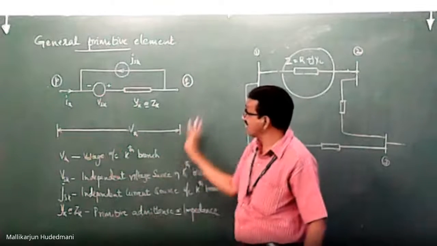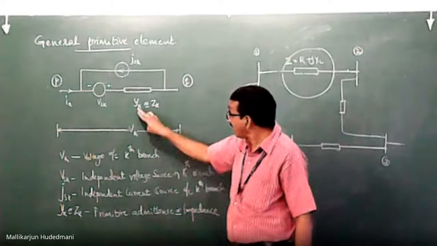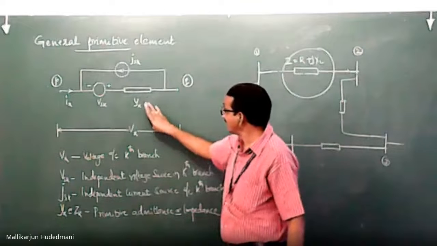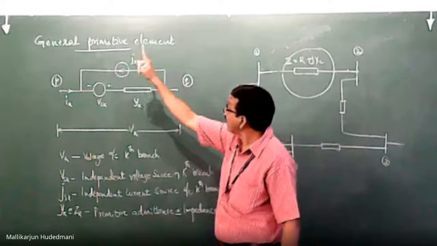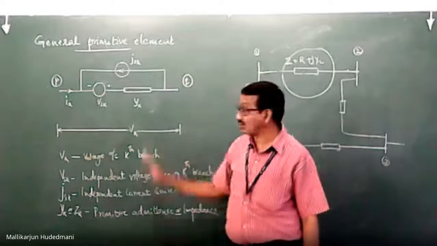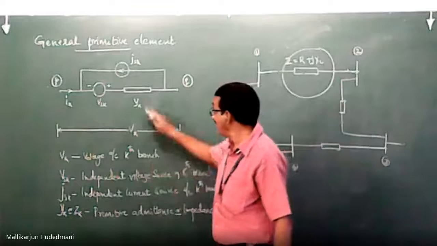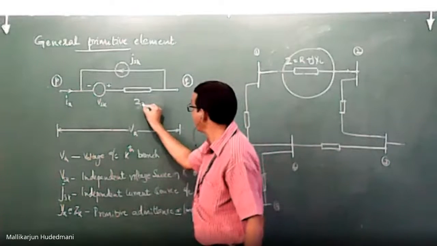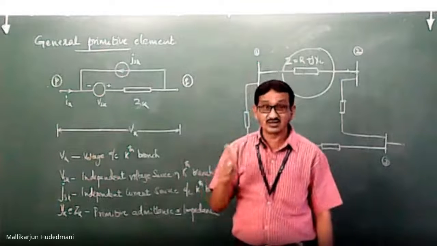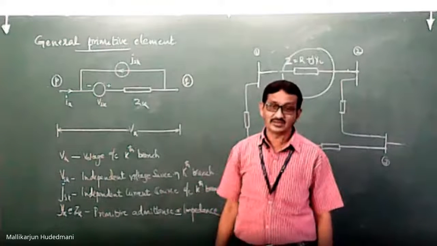If I view this general representation only from admittance perspective, I will delete this. Then I call this the admittance view of primitive element. If I view it by Zk, then I call this the impedance view of general primitive element.